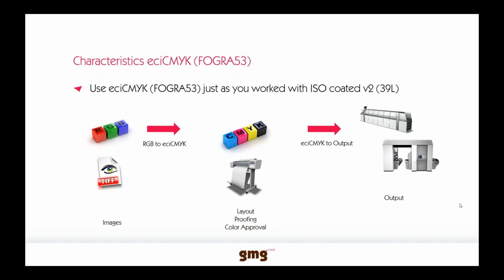Okay, how to handle uncoated characterization data. Maybe just to make it clear, if you already know your output condition, you don't have to use FOGRA53. You just convert into your output condition and everybody's happy. But today there are a lot of files sent via email back and forth.